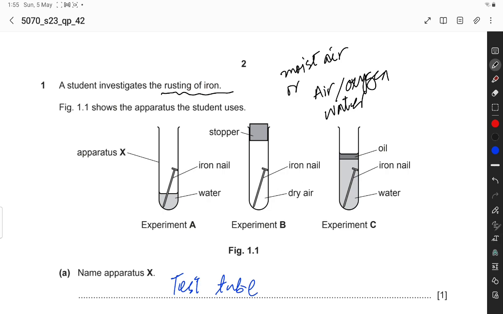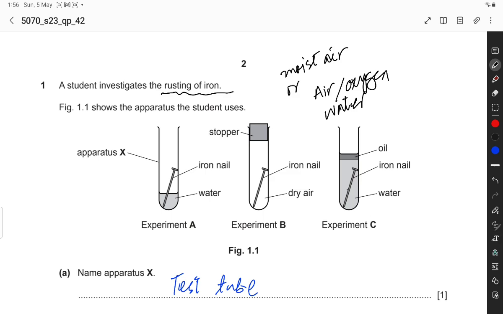And in experiment B, iron nail, dry air. So there is no water in experiment B. In experiment C, oil is the barrier to rusting. When you place oil over here, air cannot penetrate into the water with this nail.